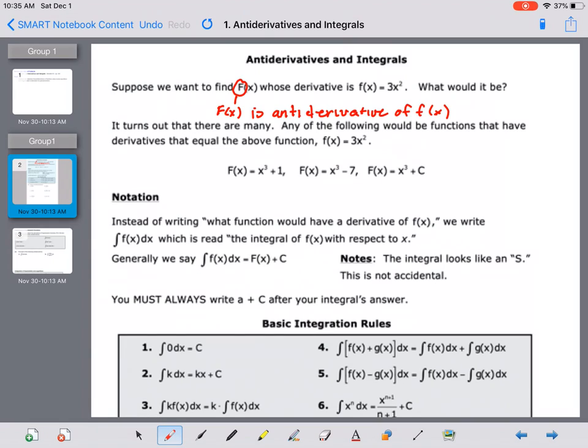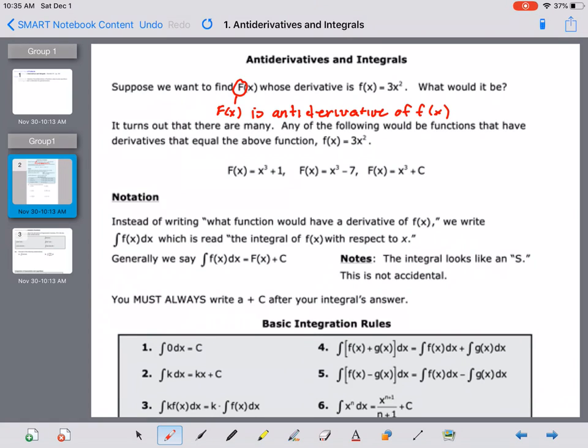So if we think of f of x as 3x squared, what would we have to take the derivative of to get 3x squared? We're going to start thinking backwards, going from the derivative to the actual function, or from a function to the antiderivative.